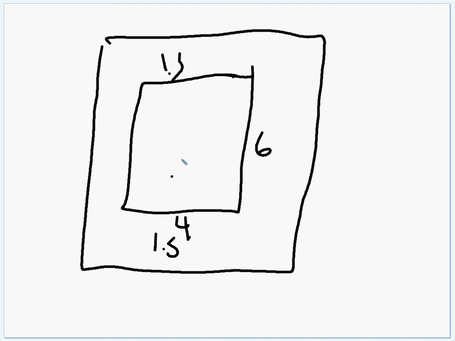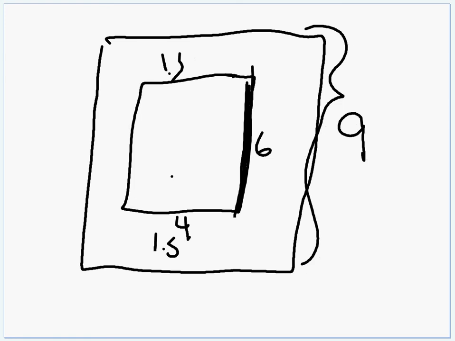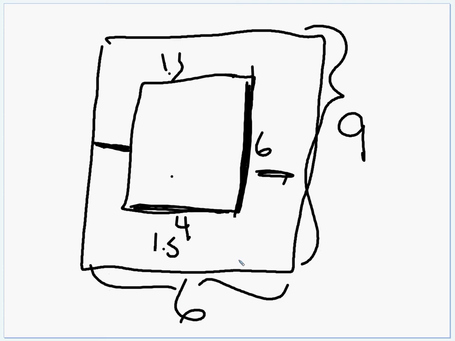So this 6 gets 3 added to it. So this side of the paper is 9 inches. And then this 4 gets a 1-inch margin on the left and 1 inch on the right. 4 plus those margins is 6. So the paper should be 6 by 9. A 6 by 9 page with a 4 by 6 area printed on it has the margins, and that will minimize the cost of the paper.